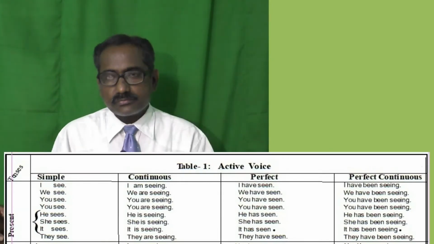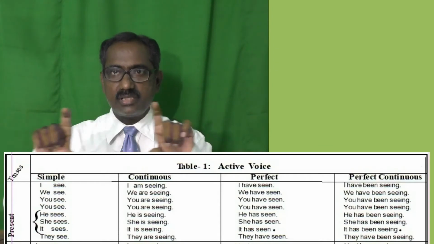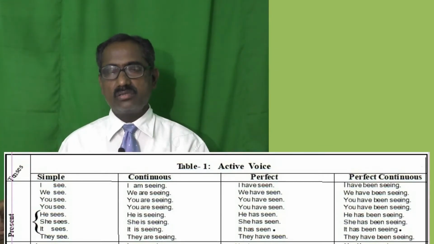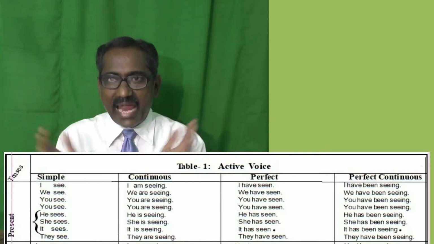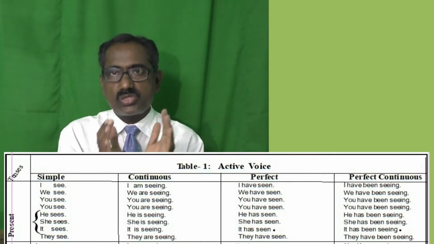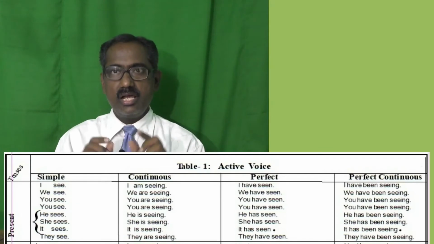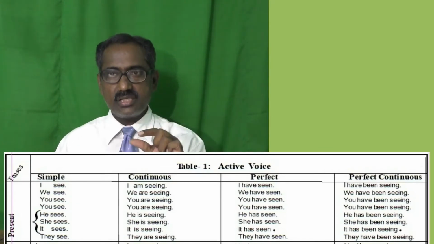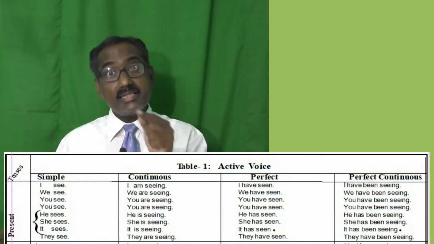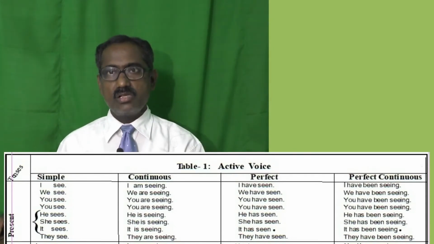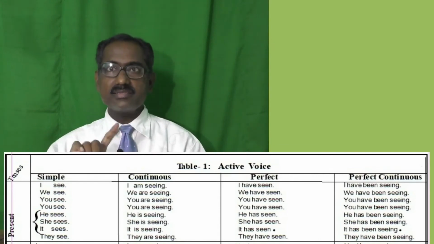See here, in all present tenses for third person singulars, you have to add s or es to the verb. Suppose, I see, we see, you see, but he sees, it sees, she sees, but they see.